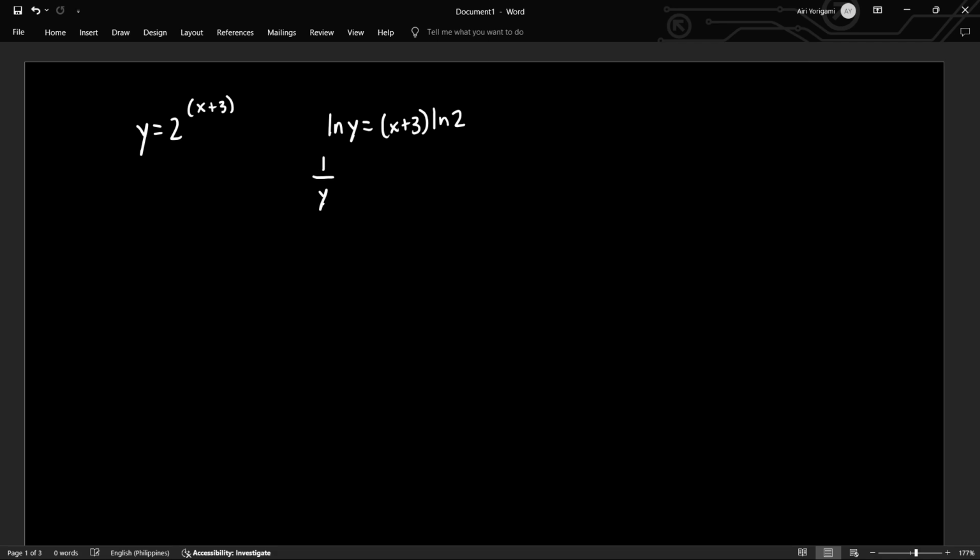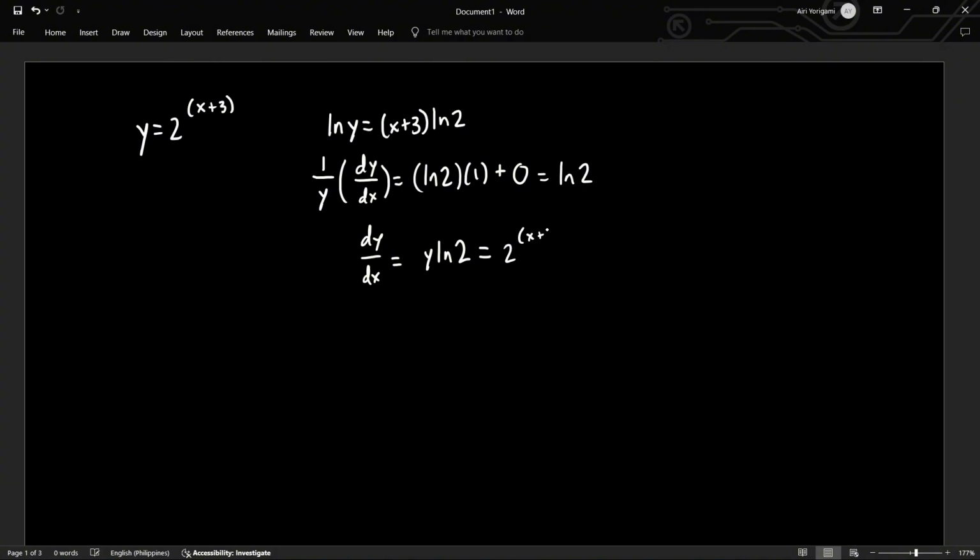If we use implicit differentiation, what we're going to have is dy over dx is equal to y ln 2, which we know that y is equal to 2 raised to x plus 3 and then ln 2, which is the same as what we have earlier.